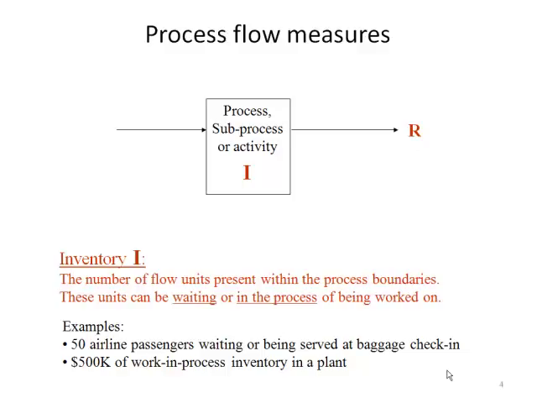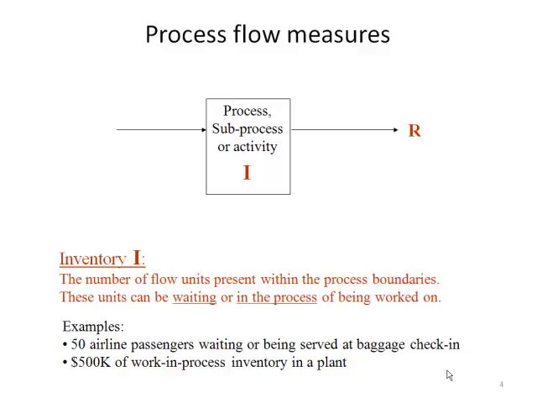Now, if we think about the relationship between inventory and flow rates, generally speaking, businesses like to support higher flow rates with less inventory. To give you an example, go back to the airport. I would like to be able to check in 1,000 passengers an hour and have my average inventory be 10, versus check in 1,000 passengers an hour with my average inventory being 50.